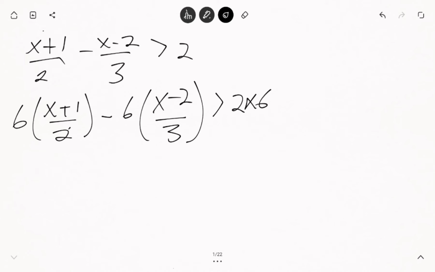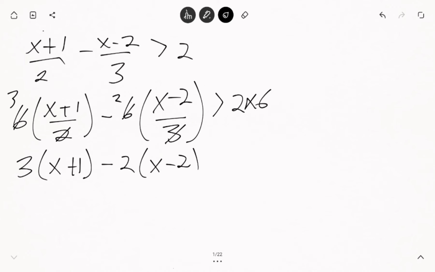So from here, 2 goes into 6 3 times. So we now use the 3 to multiply what we have in the bracket. So we have 3 into bracket x plus 1, minus, 3 will go into 6 2 times, so we have 2 outside bracket x minus 2, greater than 6 multiplied by 2, which will give us 12.